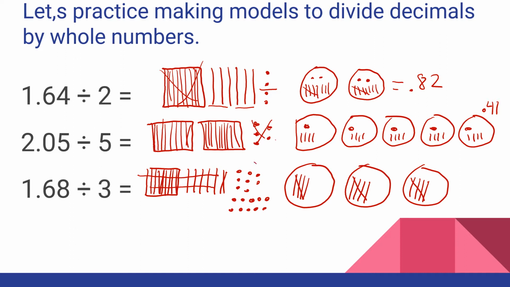That gives me 18 hundredths. Well, 18 divided by 3 is 6. 1, 2, 3, 4, 5, 6. 1, 2, 3, 4, 5, 6. So I have a total of 5 tenths and 6 hundredths, so 56 hundredths.